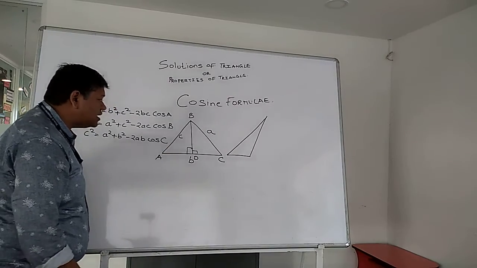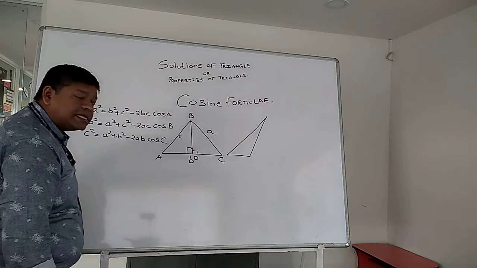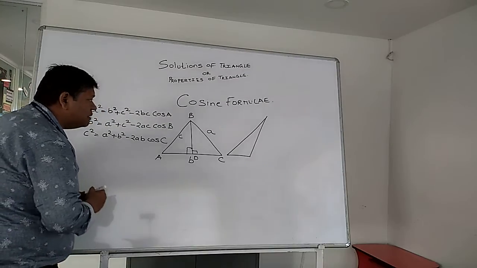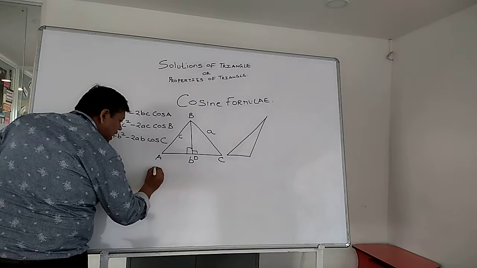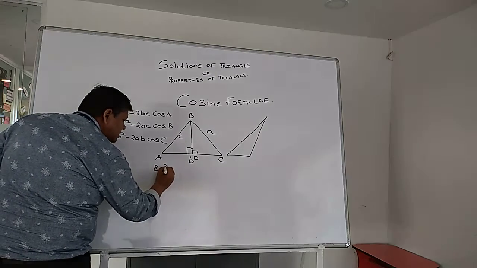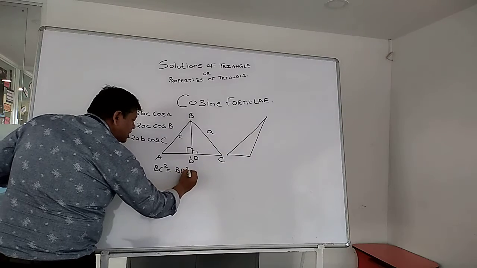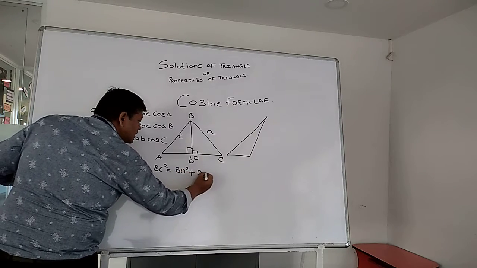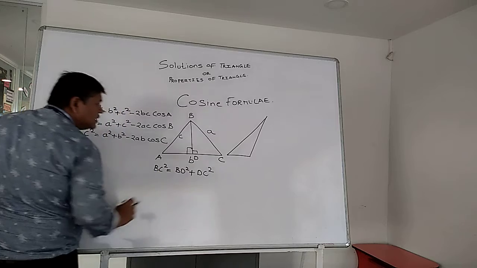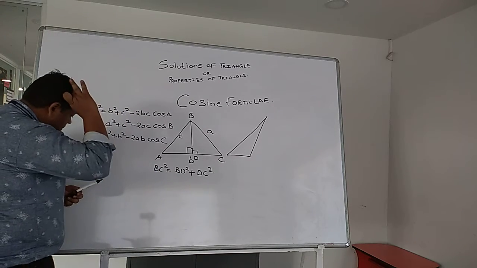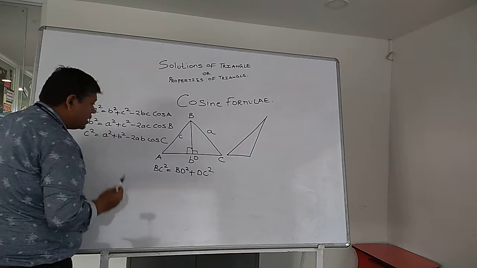Applying Pythagoras theorem on triangle BCD, which says that BC square is equal to BD square plus DC square.